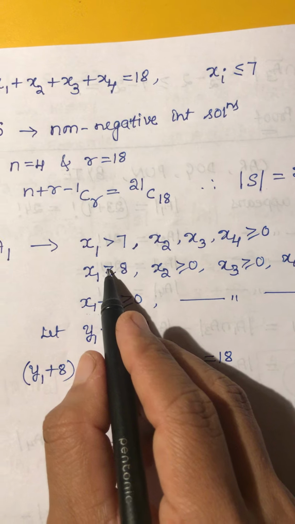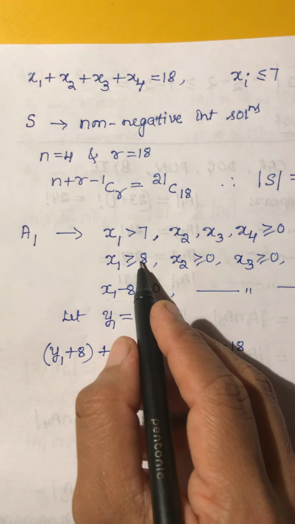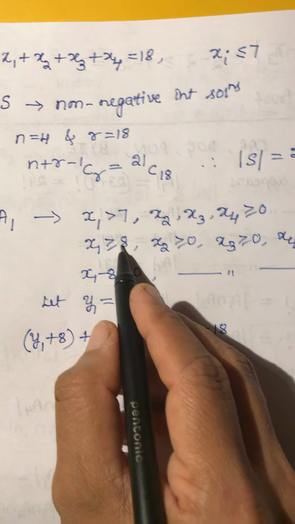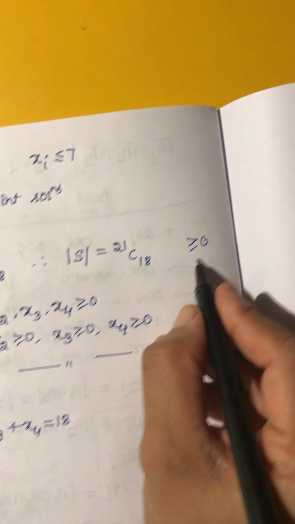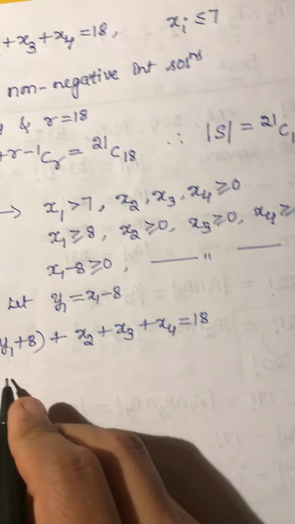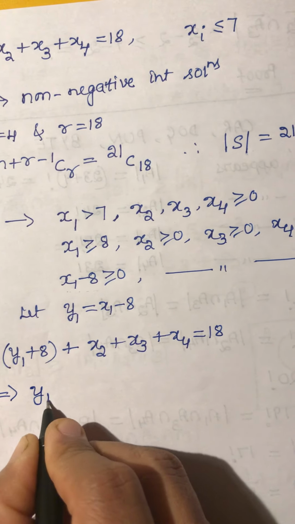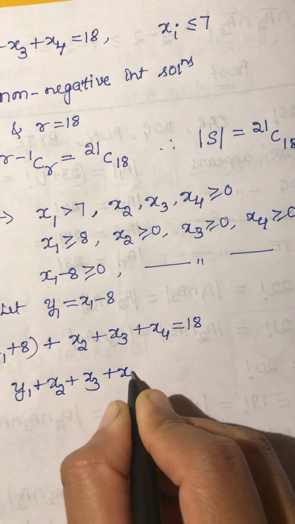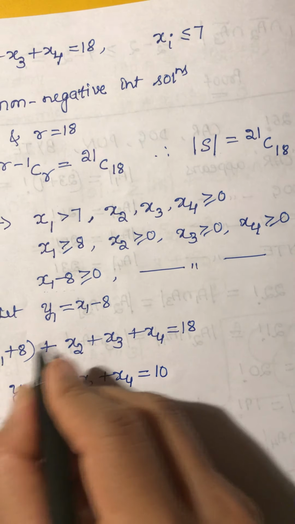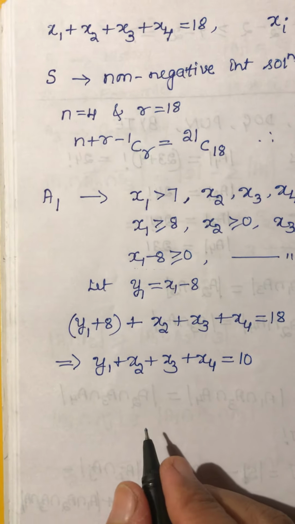Since we had x1 greater than or equal to 8, I converted it into this form because we want all variables to be non-negative. So this can be written as y1 plus x2 plus x3 plus x4 is equal to 10; the 8 taken to the RHS makes it 10.